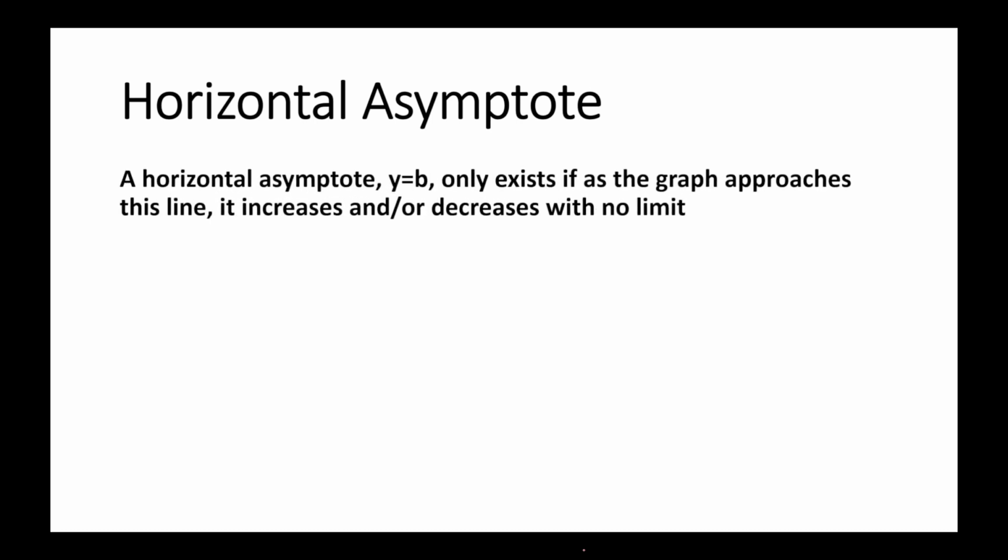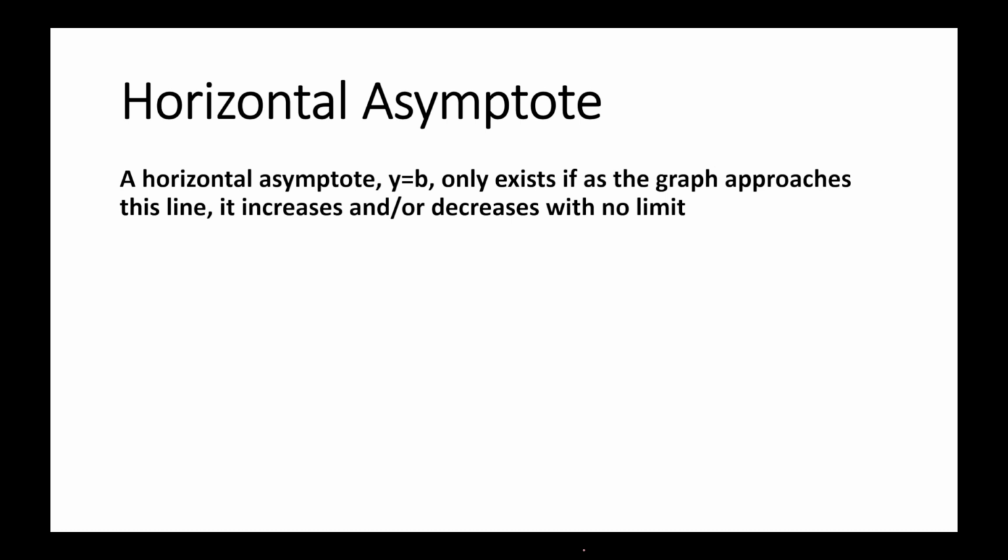Okay, now we're going to talk about the horizontal asymptotes. These are a little bit more involved in terms of how to find them, but the definition is pretty similar. The equation for a vertical asymptote is x equals some number.